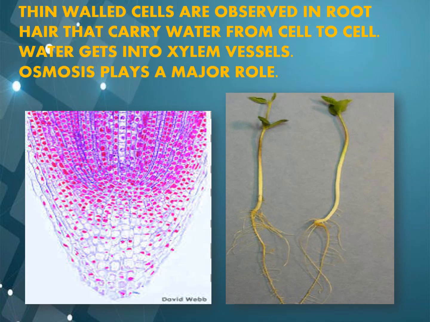They carry the water from cell to cell. As they carry the water from cell to cell, water enters the xylem vessels through a process called osmosis. Even though you observe the root hair cells, it is not completely understood how the water passes inwards across the root hair cells.